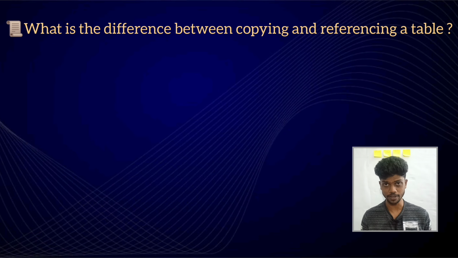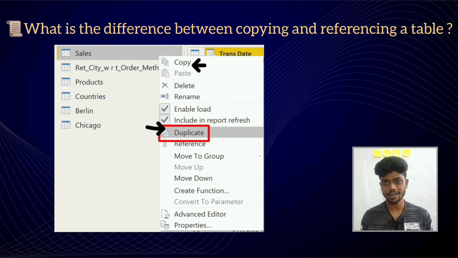What is the difference between copying and referencing a table? Copying a table means you are creating an exact copy of the existing table with all the applied steps. And here both the tables are independent of each other, which means if you do any modification like adding or removing a column in one table, it will not affect the other table.